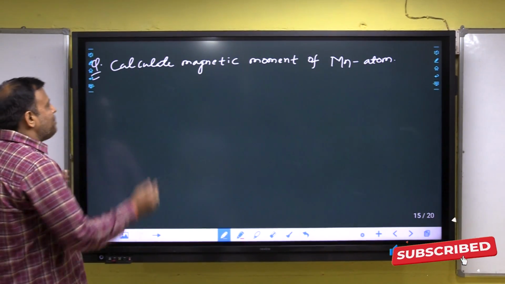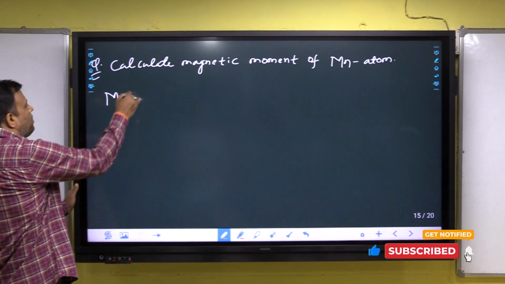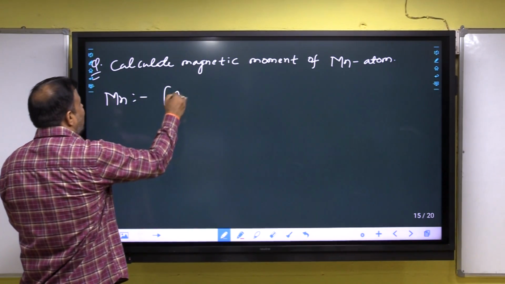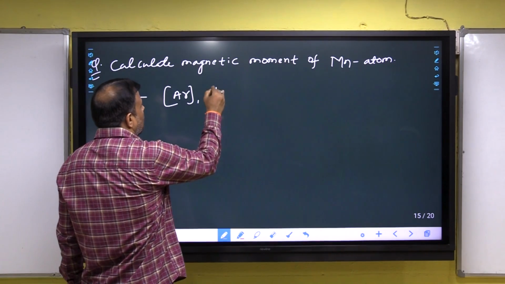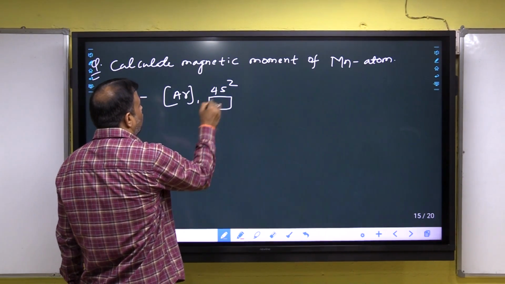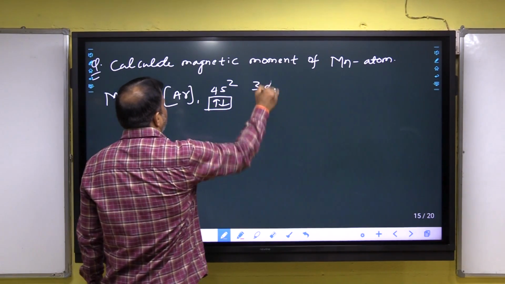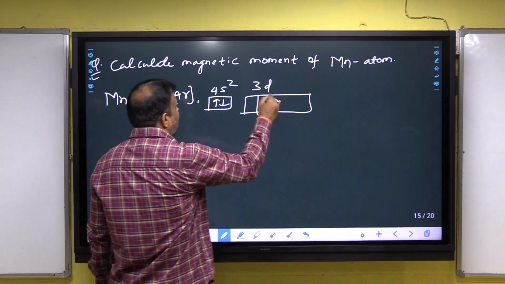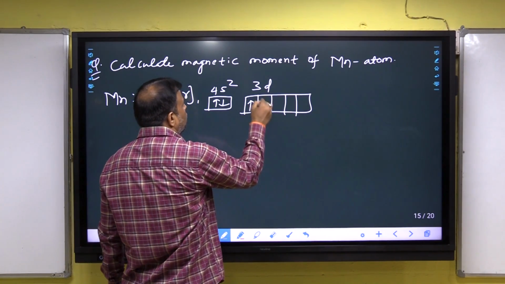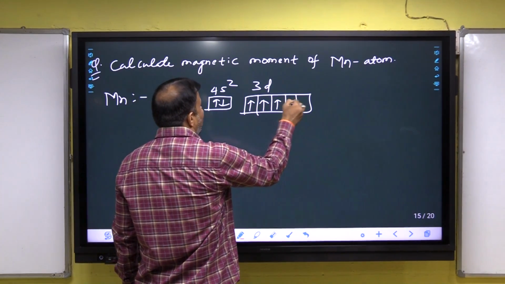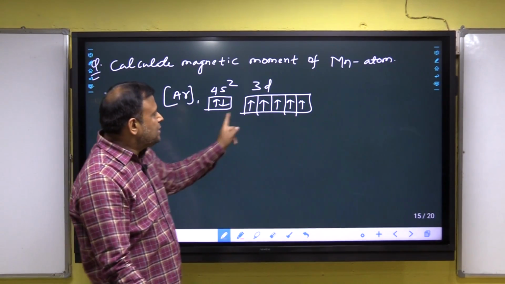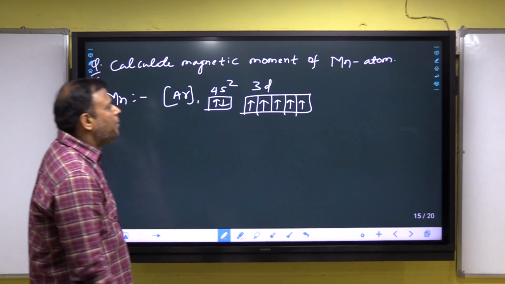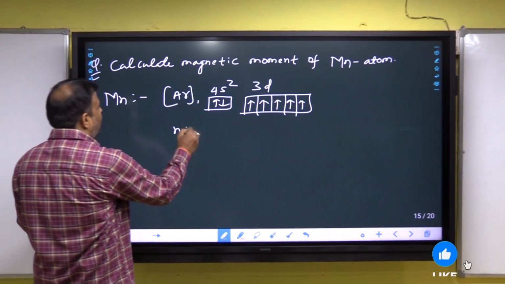Next question is calculate the magnetic moment of manganese. We know the configuration of manganese is argon 4s2, both paired, and 3d5, all 5 according to Hund's rule. All 5 electrons will be filled one by one with the same spin, and hence the number of unpaired is equal to 5.